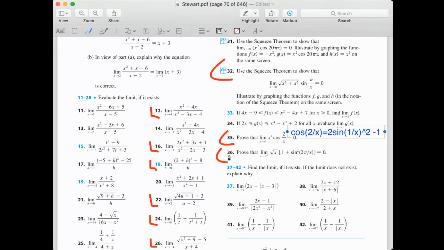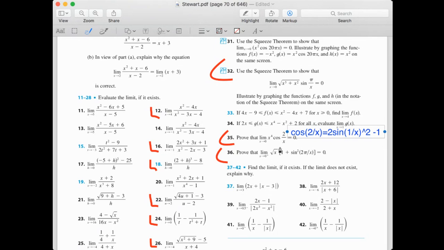But for 36, we can prove the limit equals 0. This basically will have two parts. We distribute the square root of x inside. So we have the limit as x approaches 0 from the right of the square root of x, plus the limit as x approaches 0 from the right of the square root of x times sine squared 2 pi over x.